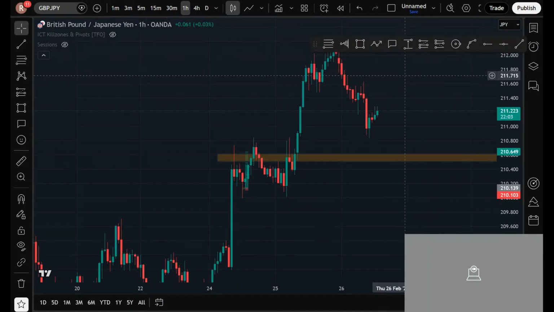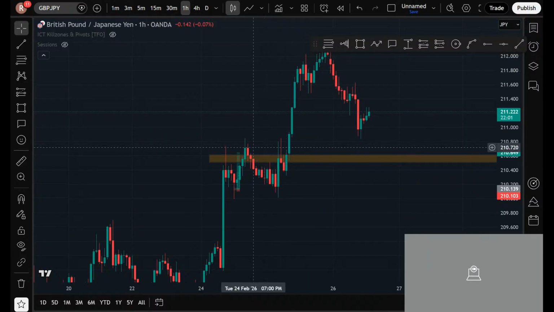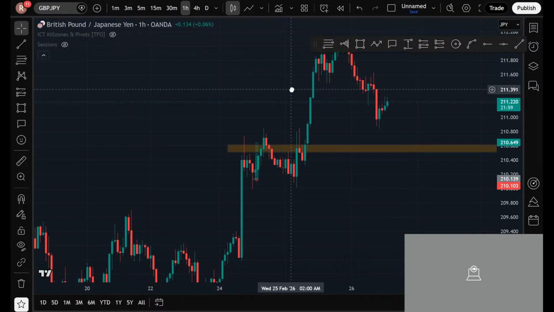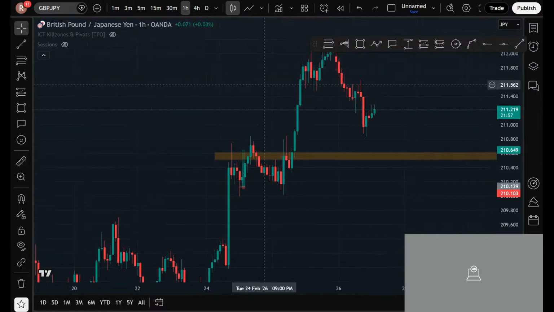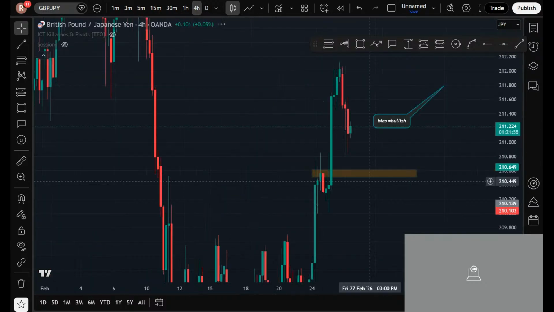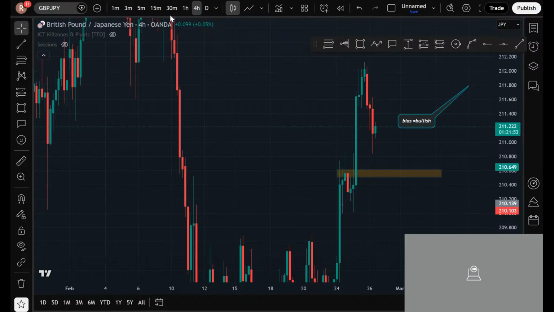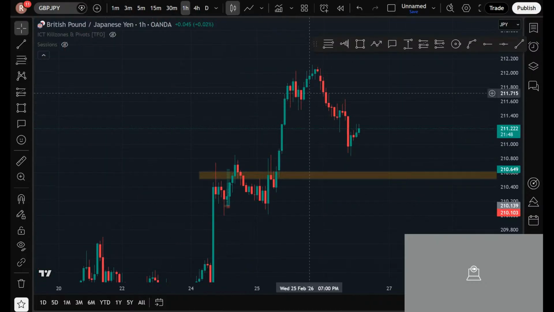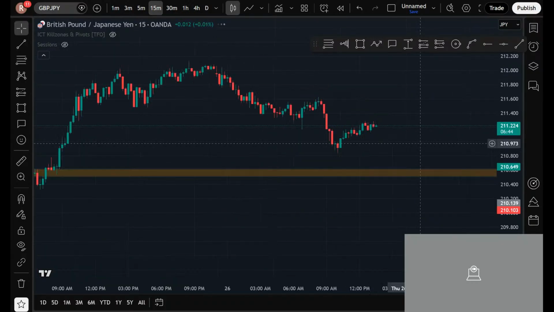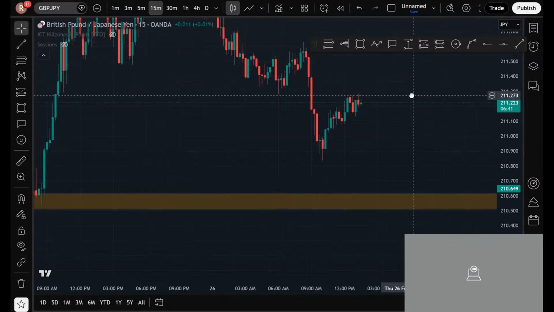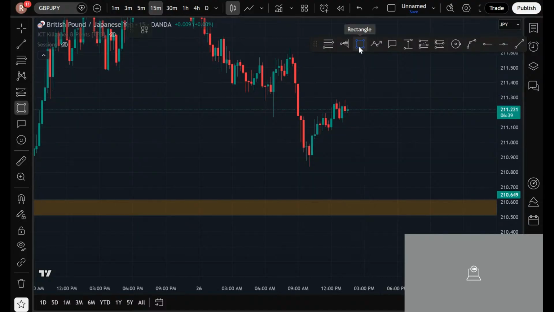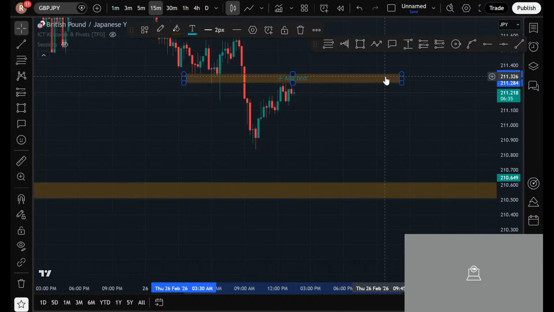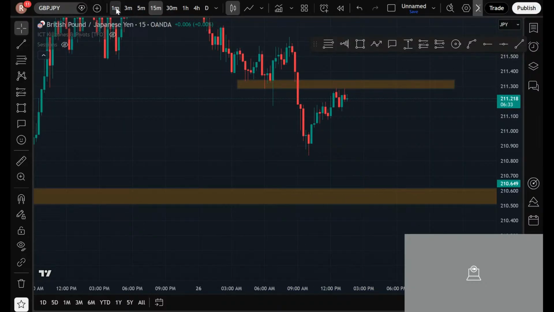The hourly time frame, we have not bounced from support, so high time frame trend is completely bullish, but we are not at the area where buyers will come. Buyers, sellers are strong. On 15-minute time frame, I can see buyers are weak at the area where sellers might step in.